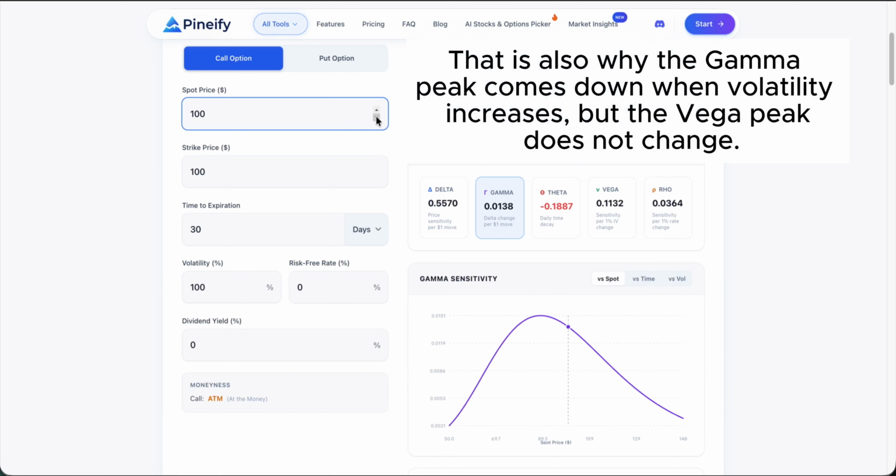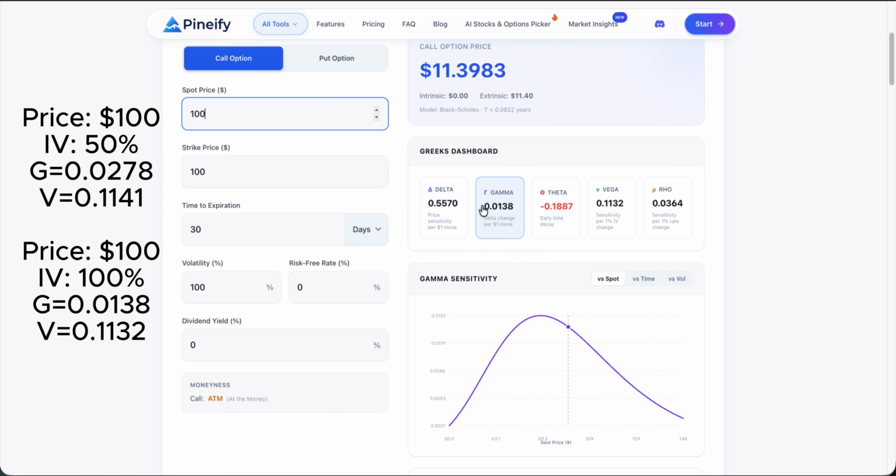And so we are still progressing towards the peak as we move at the money when it comes to the gamma, but the Vega is already over the hill, and we are already going down on the Vega as we reach at the money.